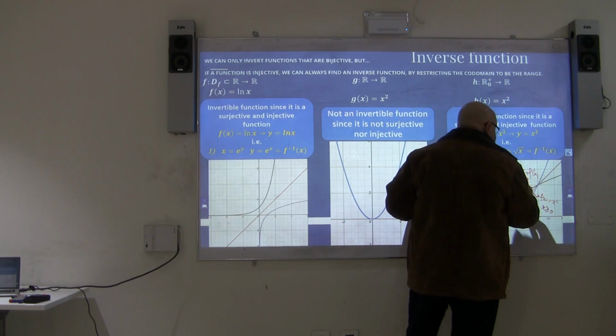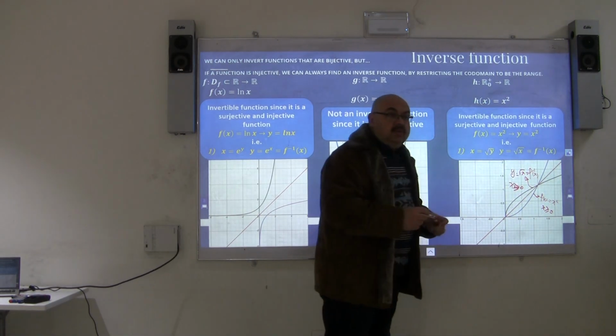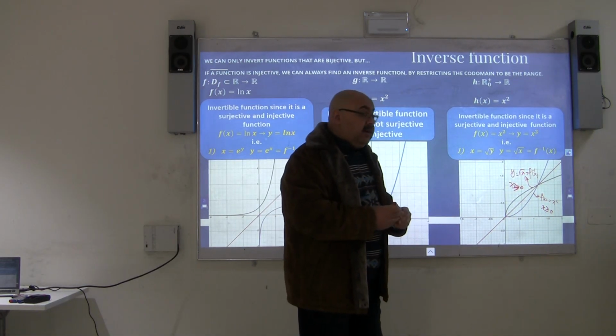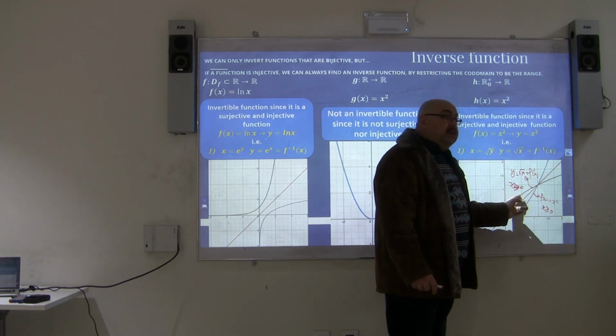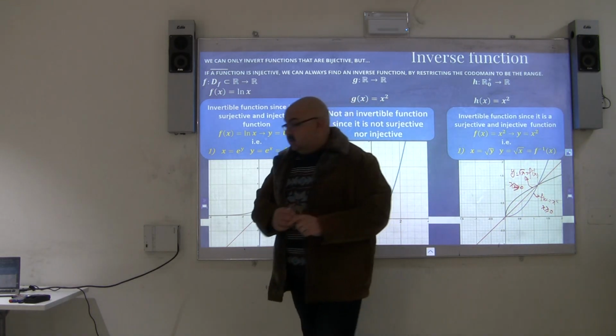And also it is in x greater than or equal to 0. You can also remark that the mirror line is passing in between these two curves, as you can see. Okay.